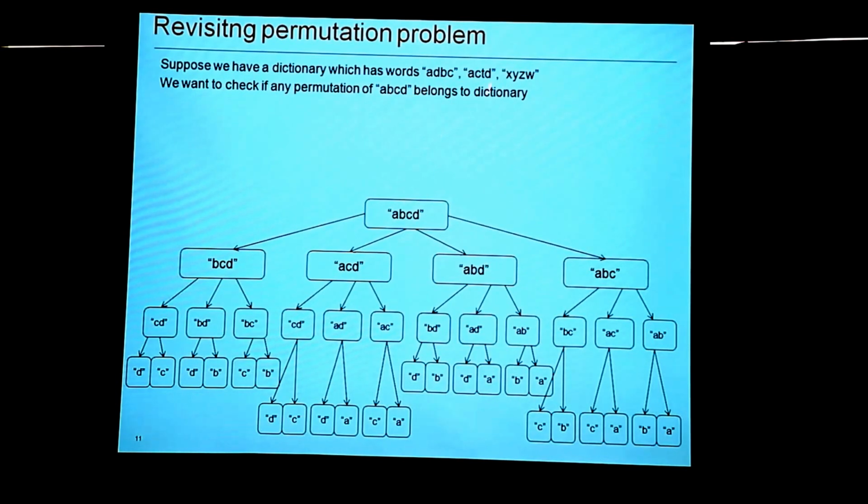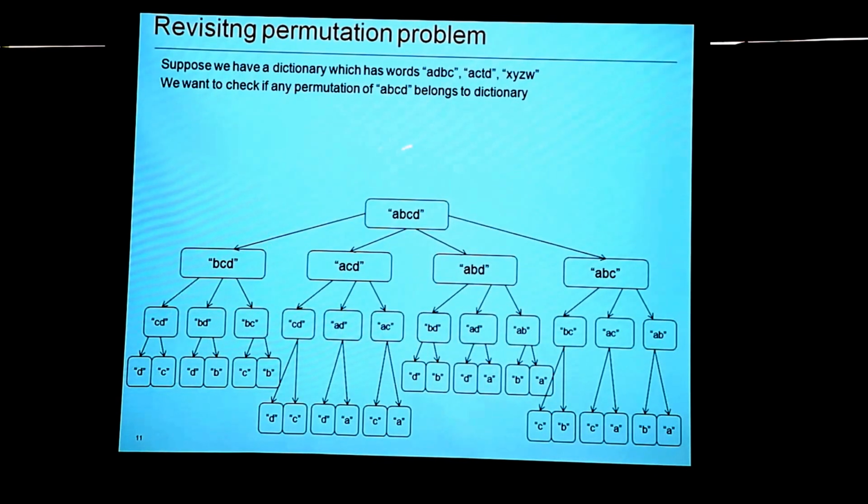Essentially, we classify the leaf nodes, which are the possible permutations of this string, into good nodes and bad nodes. A node is good if the permutation belongs to the dictionary, and bad if it does not. The objective is to determine if there is a good node. So that's the idea.